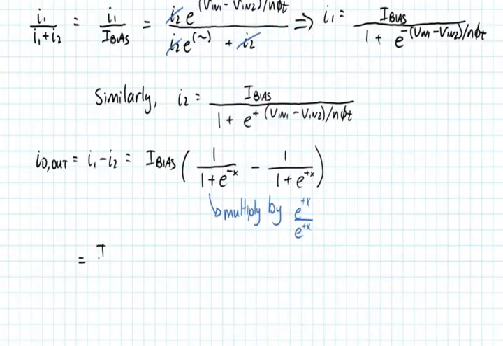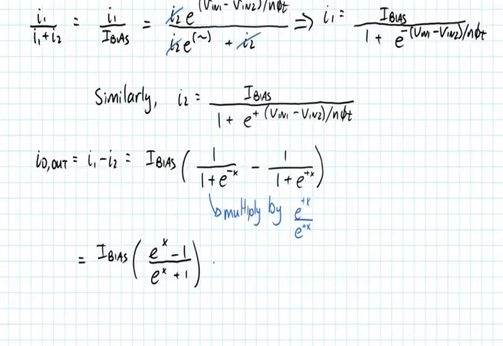We get I bias, and now on the bottom here we have 1 plus e to the x. But of course, now we have our term in the numerator. And so I bias is now multiplied by e to the x minus 1 over e to the x plus 1.